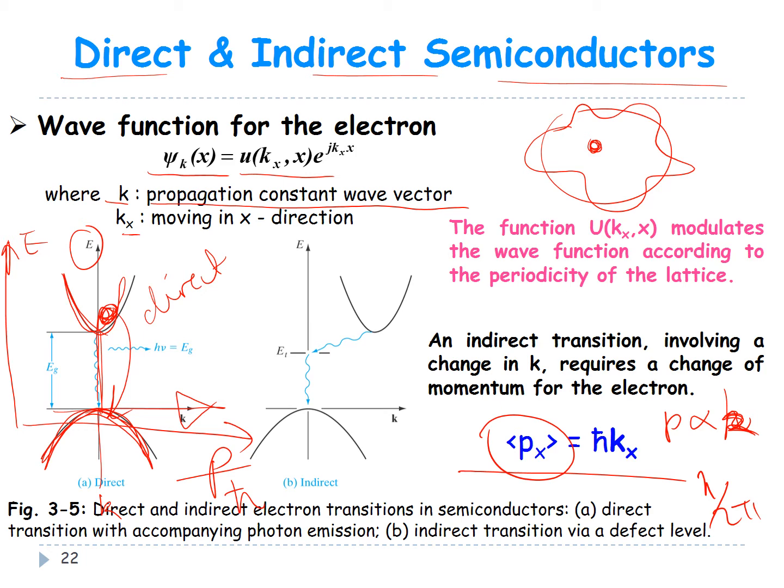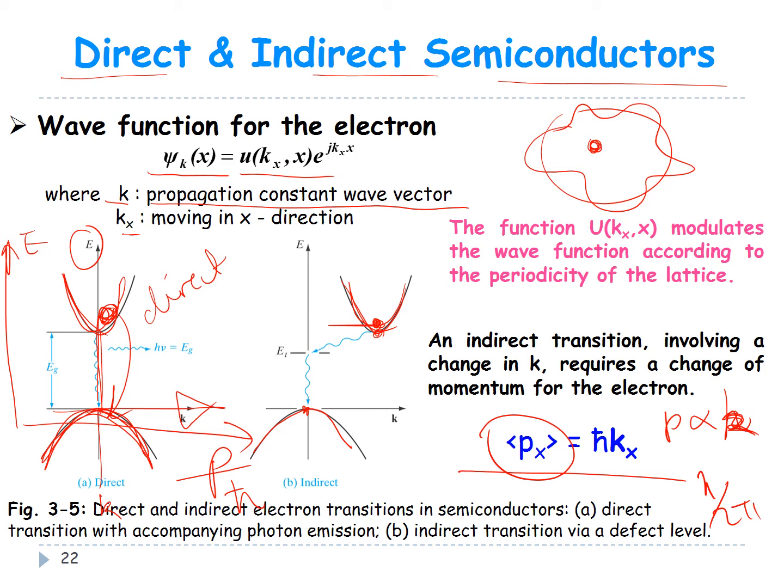Whereas an indirect semiconductor has the valence band maximum at a different K value from the conduction band minimum. So when an electron falls from the conduction band to the valence band, it has to do so through a change in momentum.